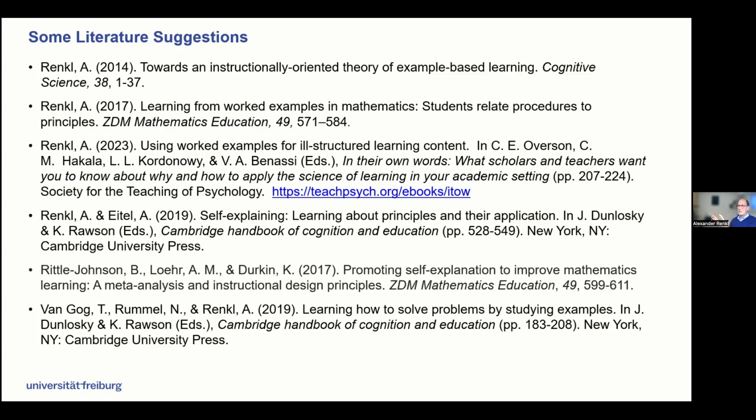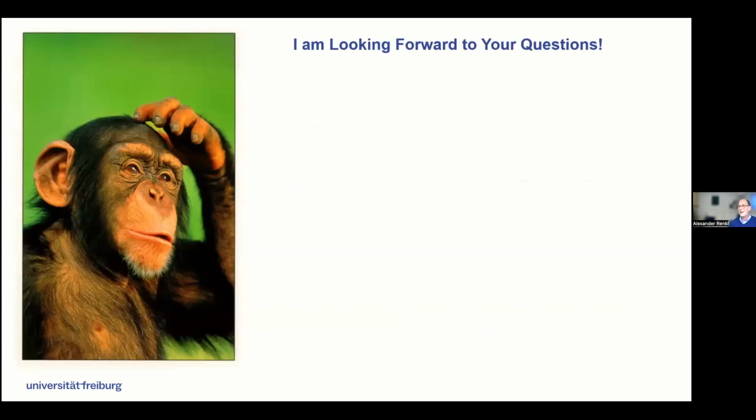If I get to the right number in the first place, do I still have to strive for a deeper understanding? For us it's clear, but for the students, very often they have different answers than we have. Yeah, I'm looking forward to your questions, and probably you also have question marks in your head, like this friendly colleague here.